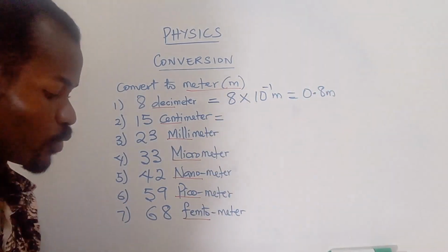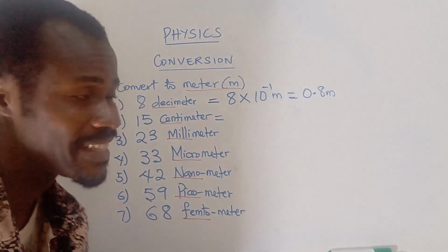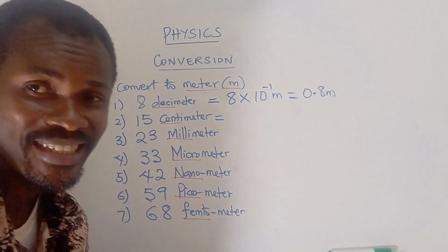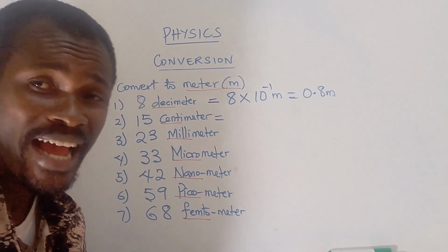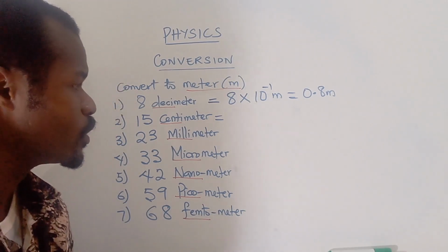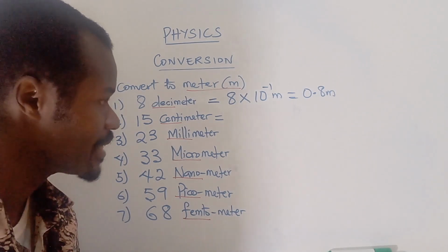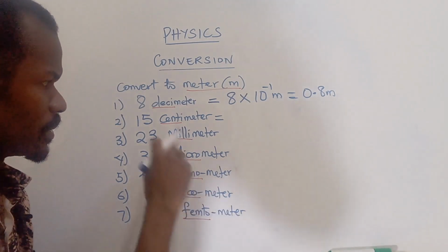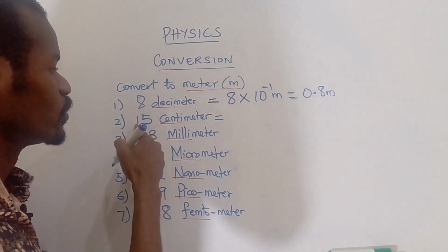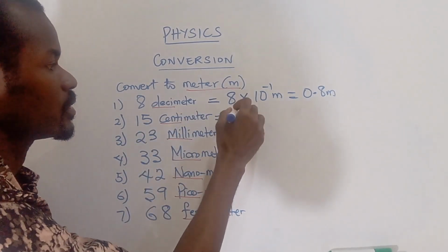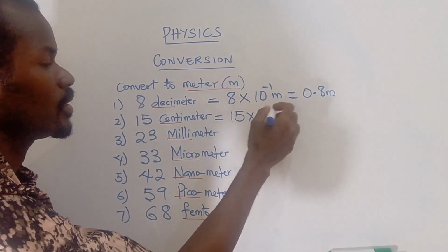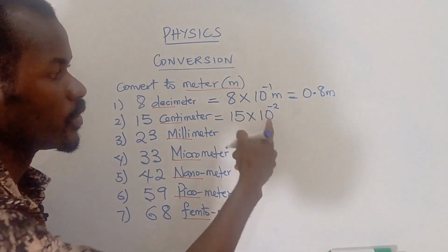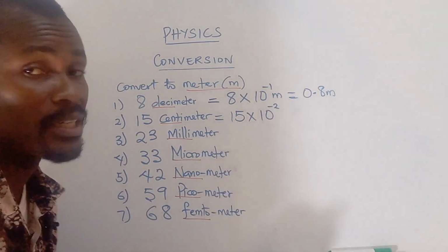Now, for the second one, we have 15 centimeter. If you look at the word, the prefix is centi, like in century. So what does that mean? When you say centi, it has to do with 100. But in centimeter, we are simply going to say 15 times 10 raised to the power of minus 2. Raised to the power of 2 is 100, but you have to put the minus.